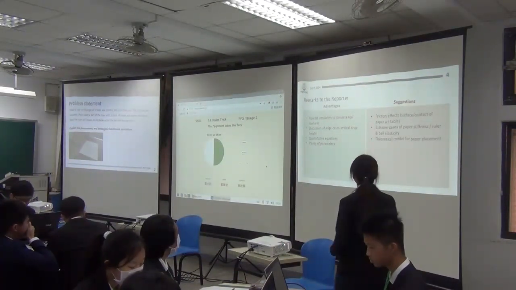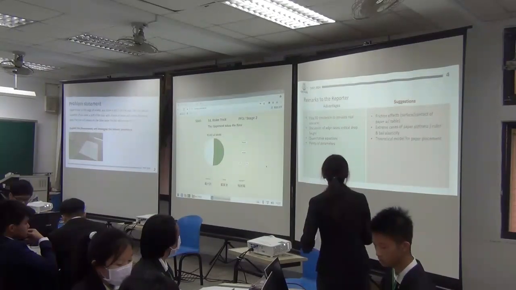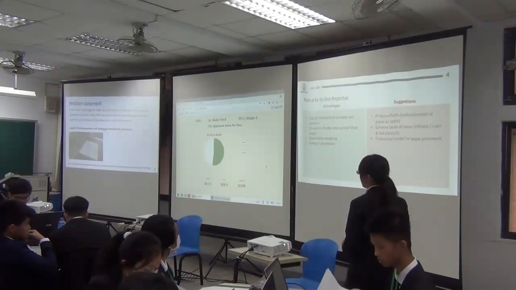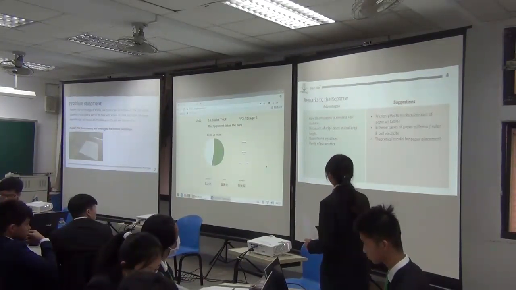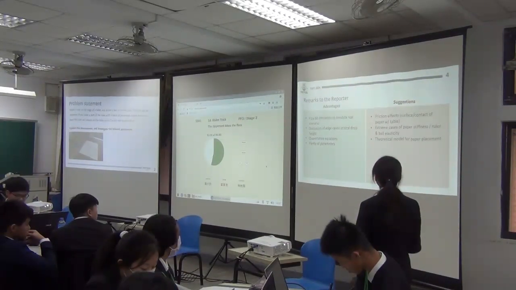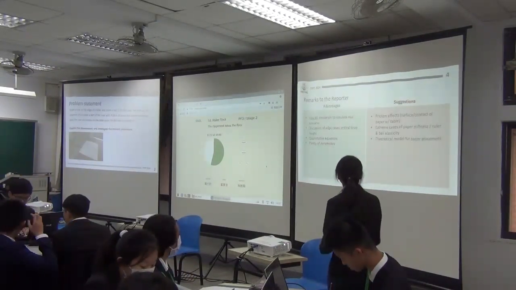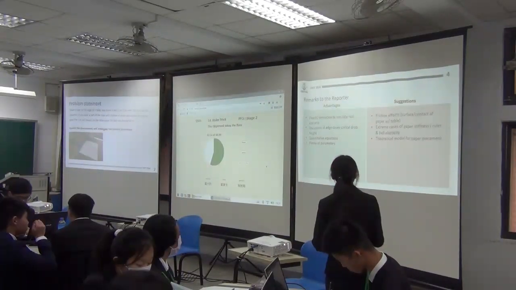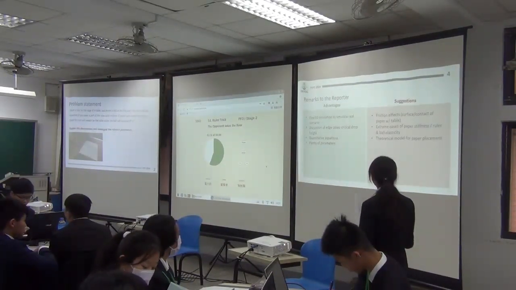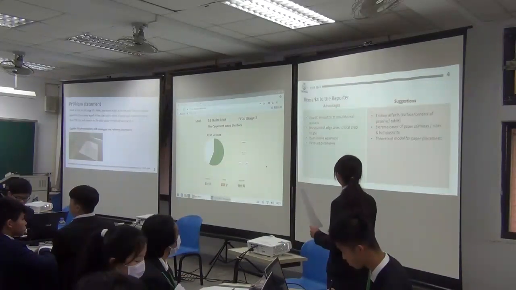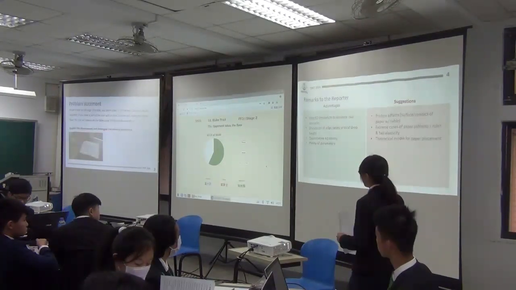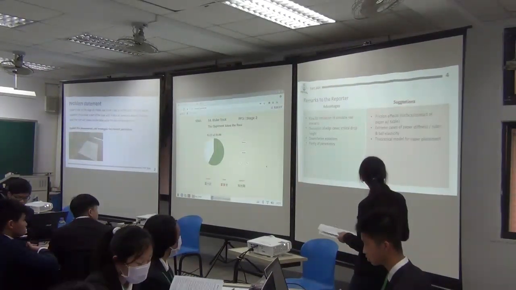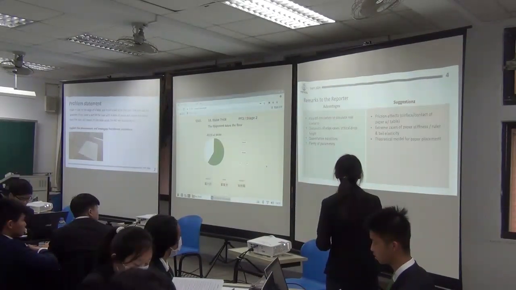And for the suggestions, the reporter did not consider the friction effects on the result of the experiment. And they didn't discuss the extreme cases of paper stiffness or the ruler or the ball's elasticity. And they lack a theoretical model for paper placement.